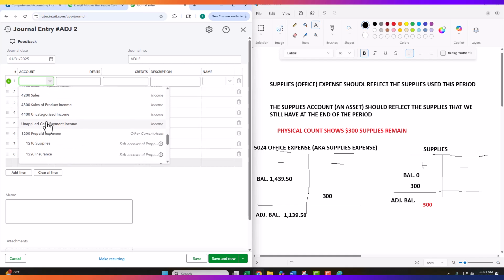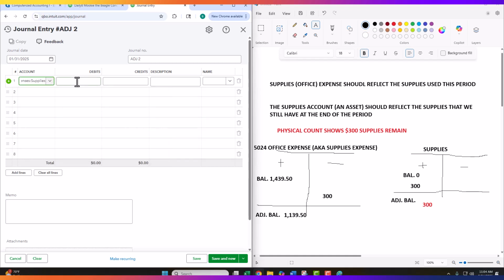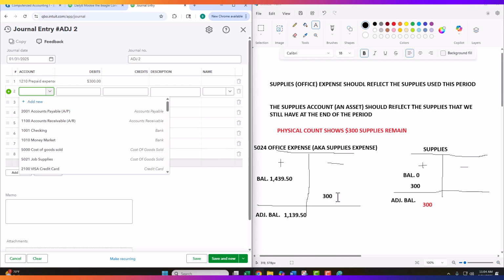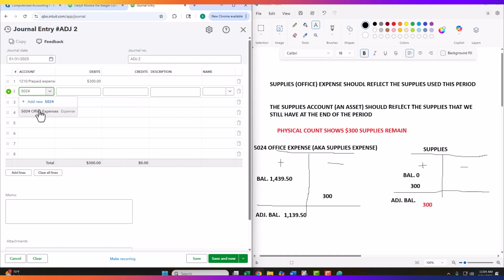And it is a sub account under this prepaid expenses, and I see it right here. 1,210 supplies is the account number, and that account had to be debited for $300. And then the other account that we have here is our 5,024 office expense. Since I know the account number, I can just type that in and find it quickly, and that had to be credited for the same amount.